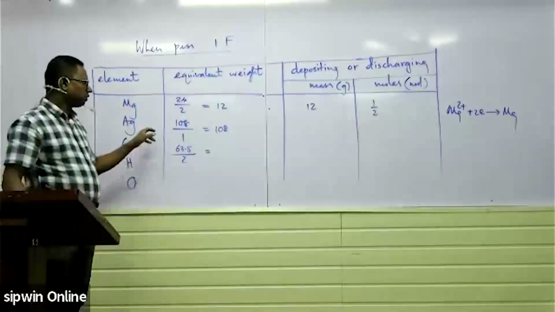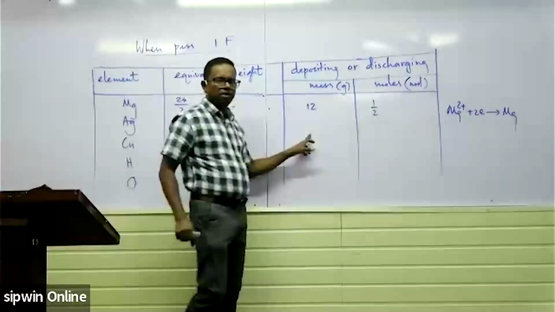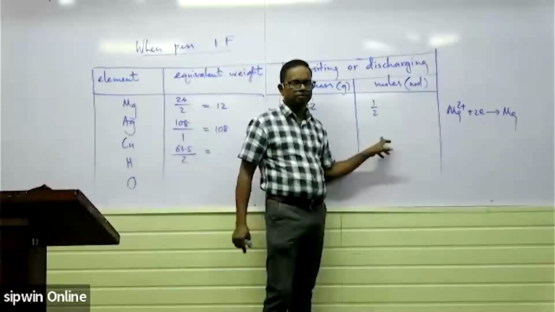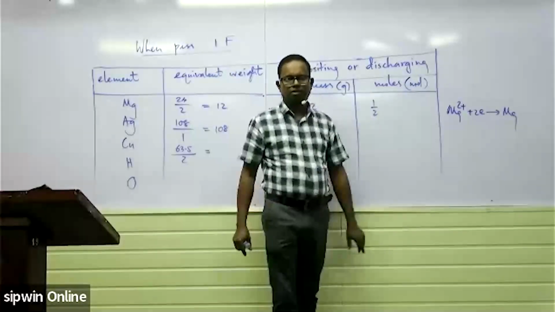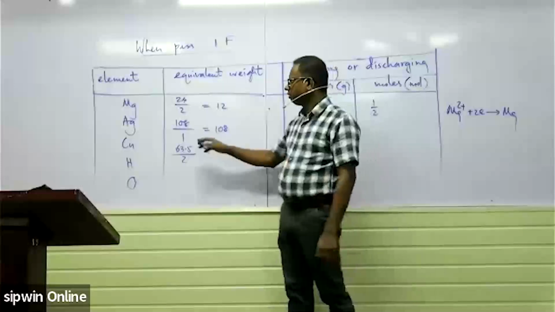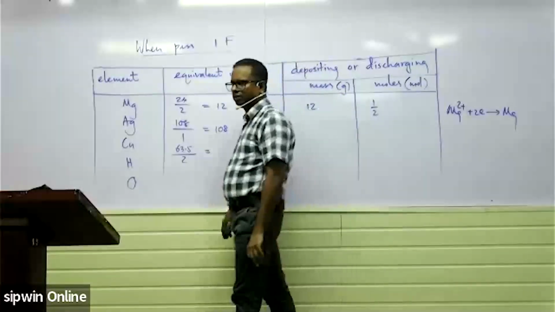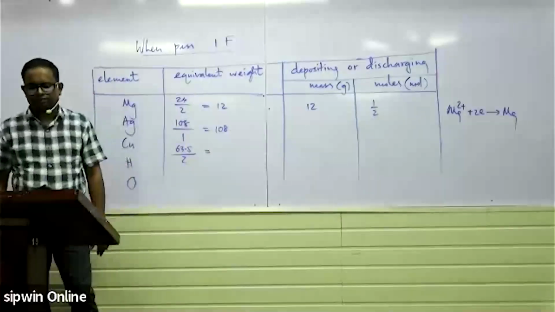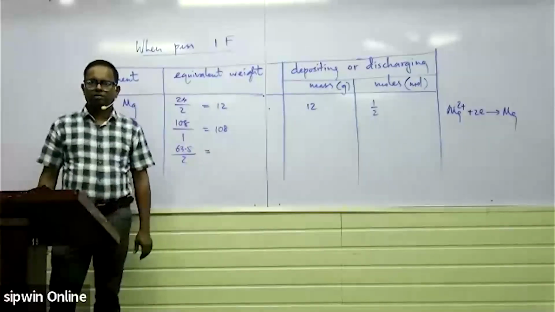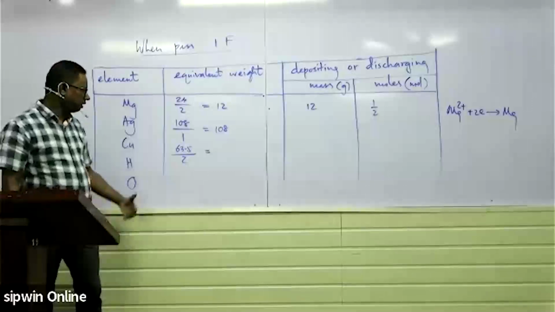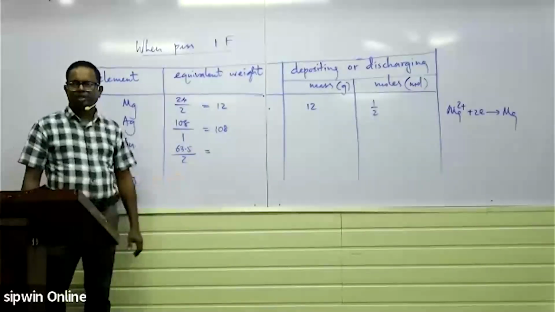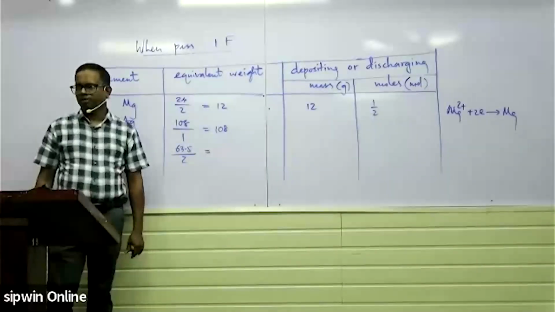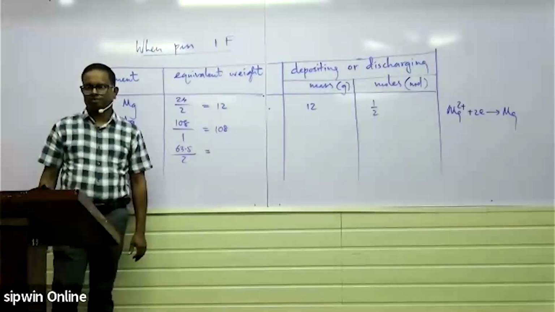Now here silver 108, 1 mole. Copper 31.75, half mole. Hydrogen: take atoms, relative atomic mass 1 divided by 1, it is 1.